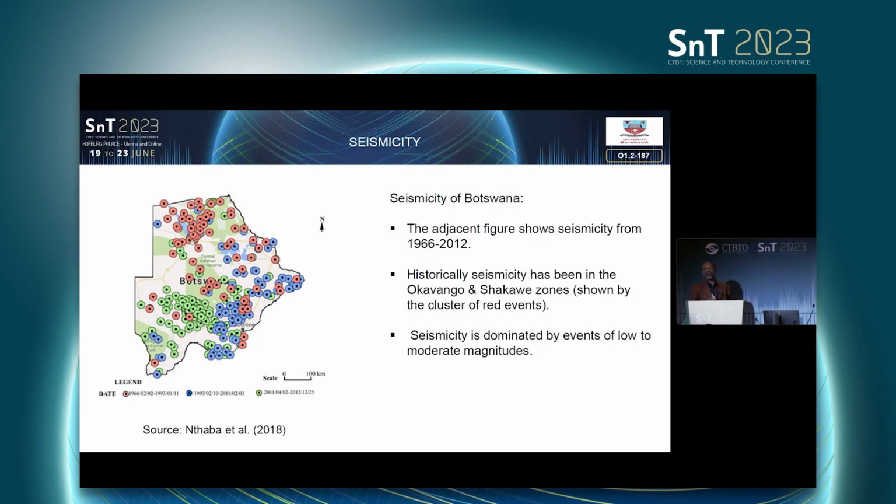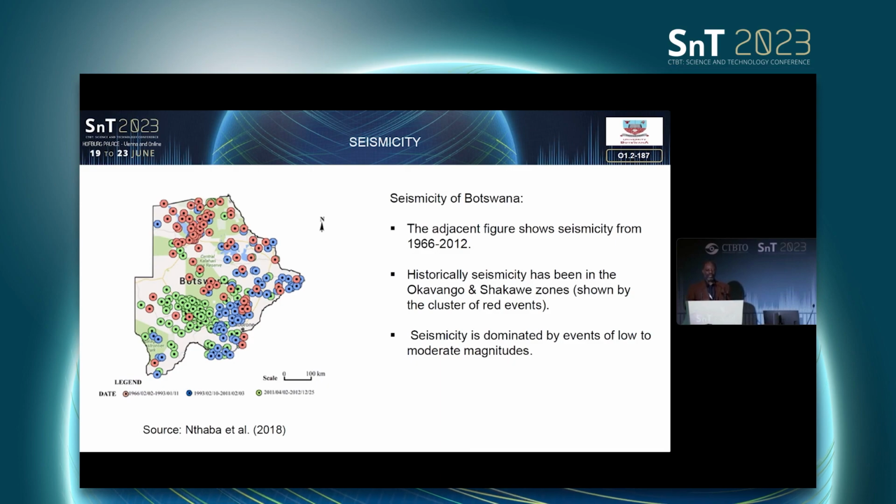That's where the Okavango Delta is. And there are several faults in that area, and others think that is an extension of the East African Rift System. So most of the historical events are in that region.